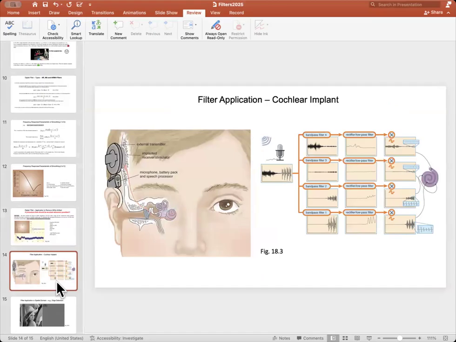I'm going to finish up with two examples. One of them is in figure 18.3, a practical example of how filters can be applied. This is one of the most successful implants that we have thus far, the cochlear implant.